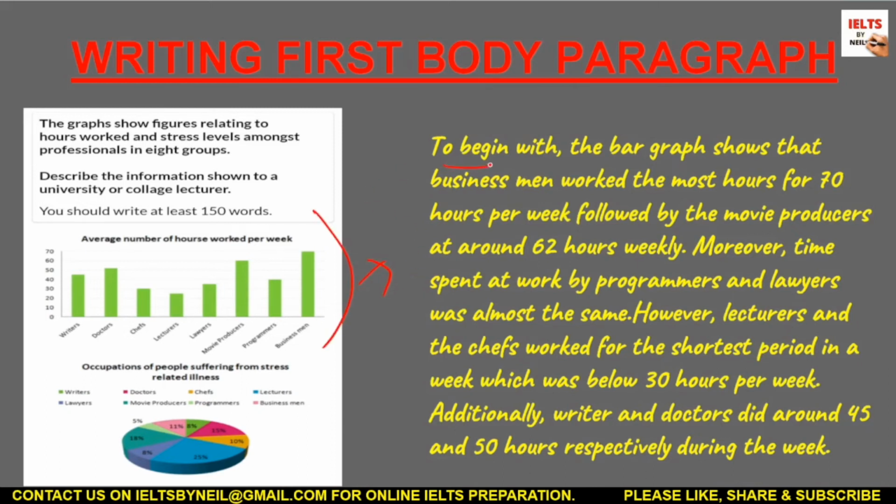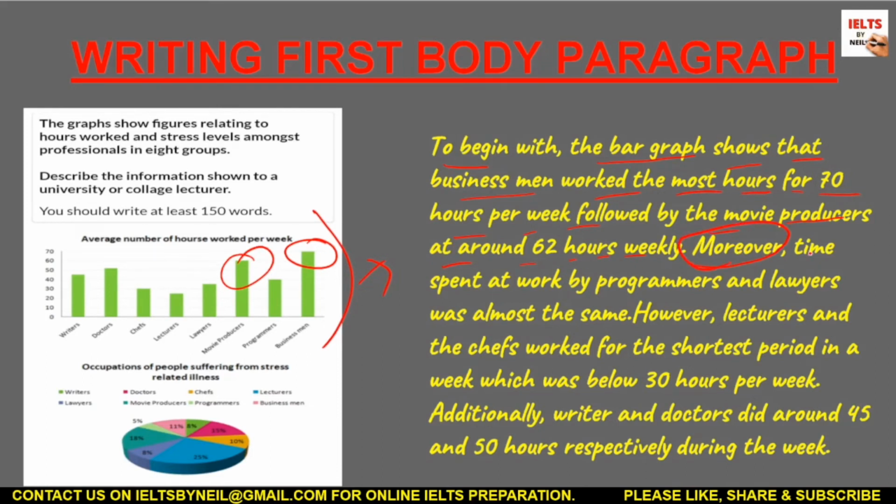So if you have a look here, to begin with, the bar graph shows that businessmen work the most hours, 70 hours per week. This is here, followed by the movie producers at around 62 hours weekly. Movie producer, this one. So these two are done. After that, moreover, it's a link word here.